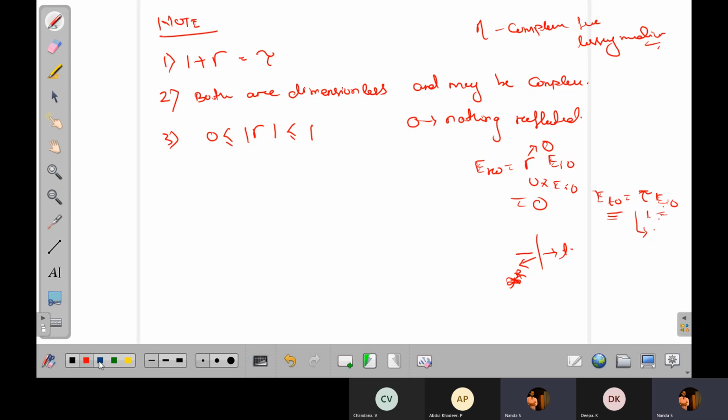Now some important cases, means case studies with this. So case 1. Case means we will take different types of mediums. First case, consider medium 1 is a perfect dielectric. Can anyone tell me what is the property of a perfect dielectric?